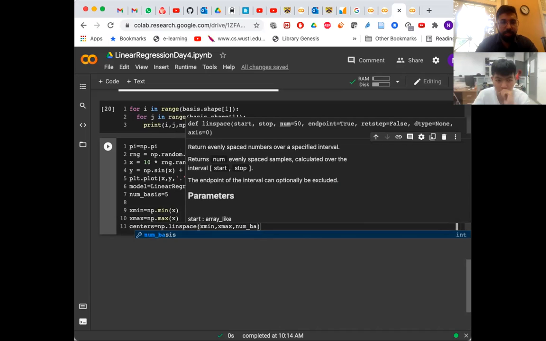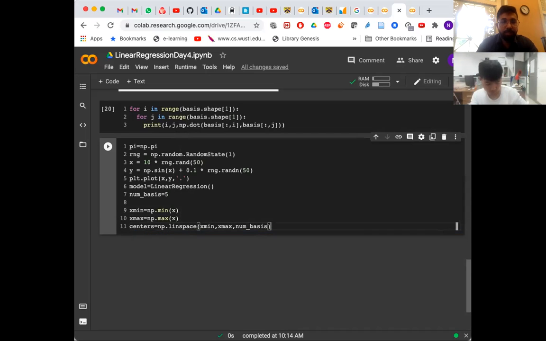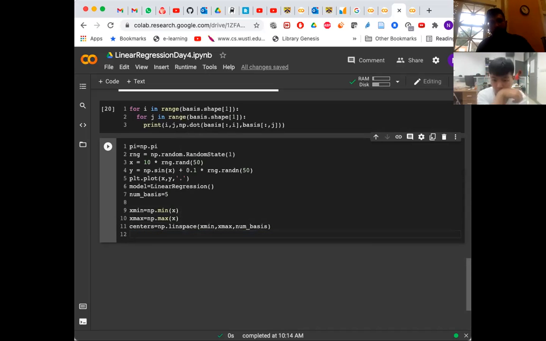So this gives me the center for all the Gaussian bases that I want to calculate.